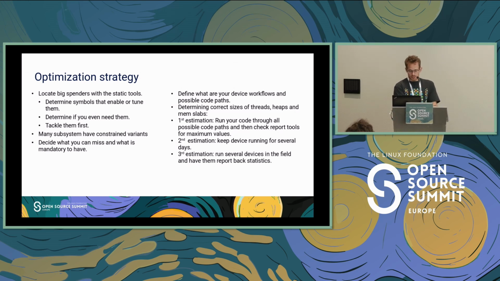Now, when you start tuning threads, heaps, memory slabs, anything that is runtime dependent, you have to define your test conditions, your device workflows, and the possible code paths that your device will take.